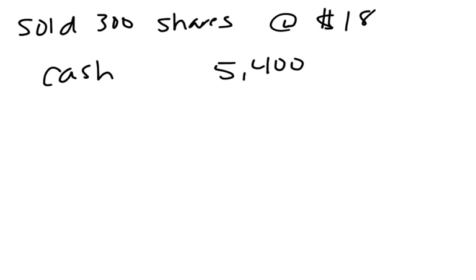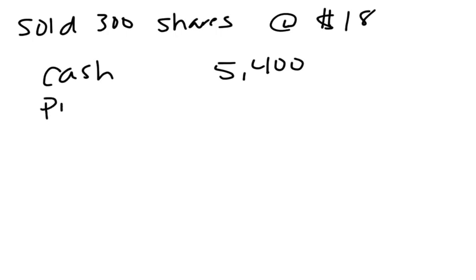We paid $20 for it. So 300 shares at $20 is $6,000. I need another debit to balance out my journal entry. And it's kind of like we sold it at a loss. As far as the cash goes, we got less cash for it than we paid for these 300 shares. So we're going to deduct it from the paid-in capital account that we associated with treasury stock.